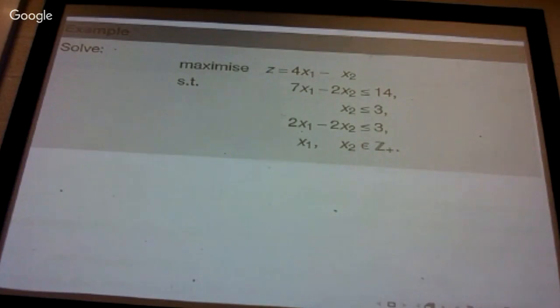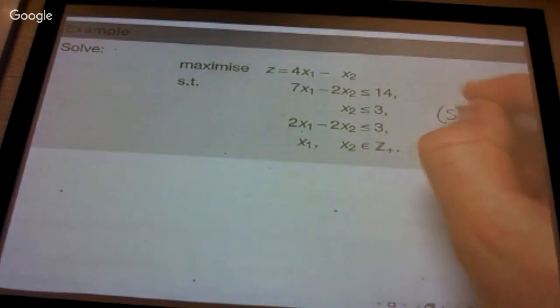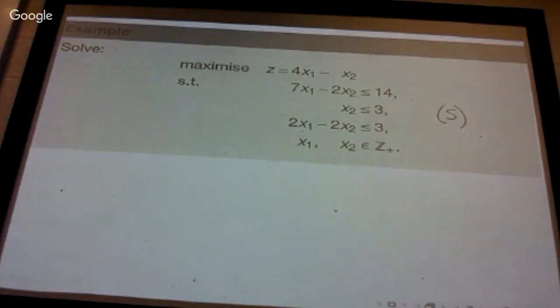So the idea is that if we have this problem, call it S, that's the one that we're solving.